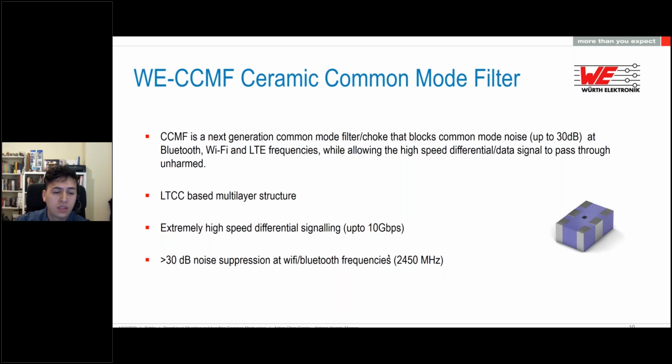These chokes are LTCC based, with inner structure based on the LTCC, and with extremely high-speed differential signaling up to 10 gigabits per second, we can use it. And as I said, it's designed to resonate at 2.4 gigahertz, where we have more than 30 dBs attenuation.